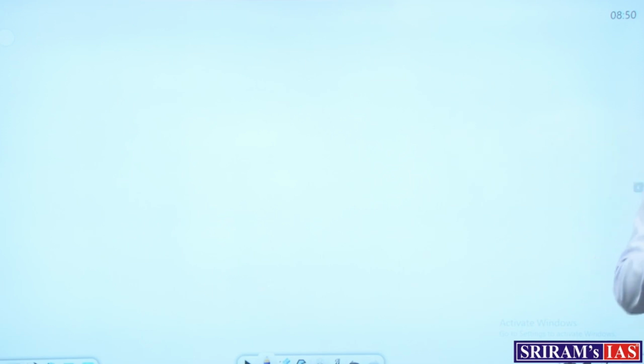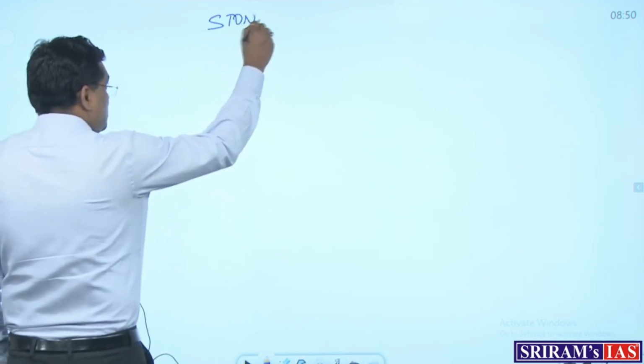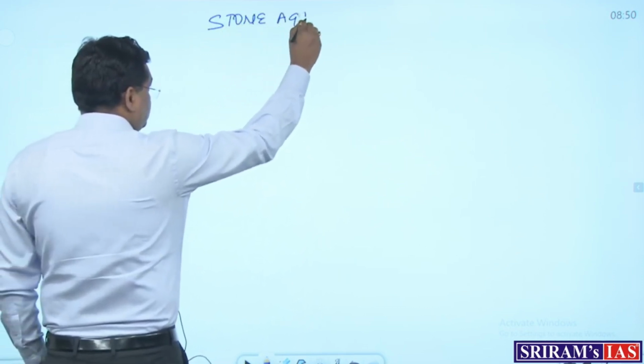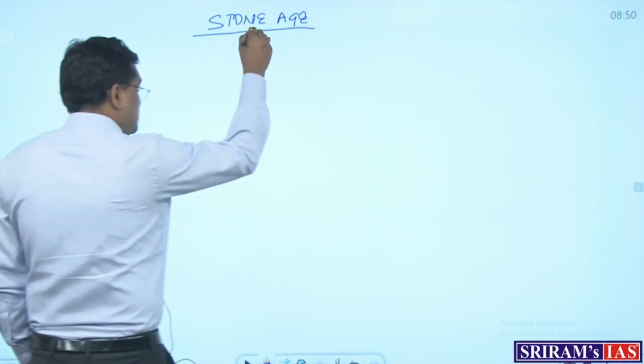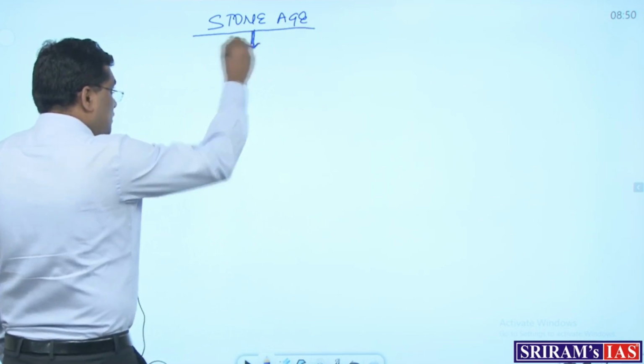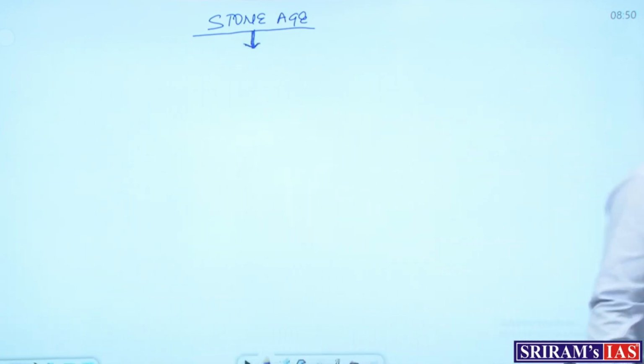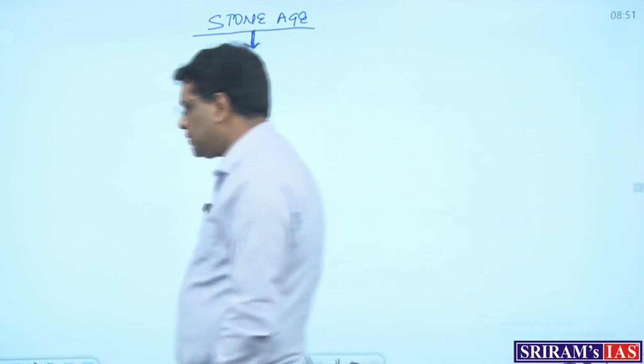So ever since stone was used as a raw material to make tools, it is called Stone Age. Here is the syllabus. Stone Age. Why call it Stone Age? Ever since human started using stone as a raw material to make tools. And thereafter, in archaeology, this is the beginning of prehistory. So Stone Age, defined.